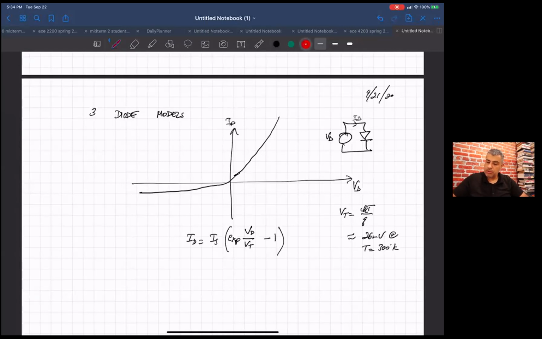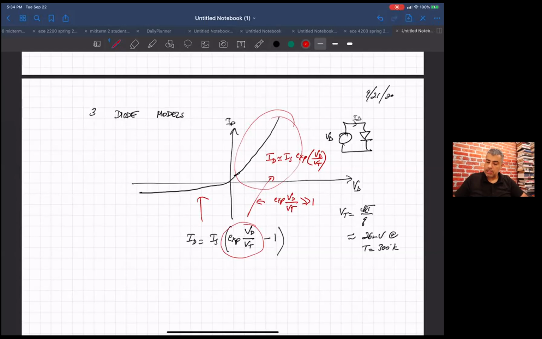Okay, and so here, this equation looks like an exponential because exponential of V_D over V_T gets to be much larger than 1, so I sub D is approximately I sub S exponential of V_D over V_T. And on this part, exponential of V_D over V_T is much greater than 1, so that term goes away.